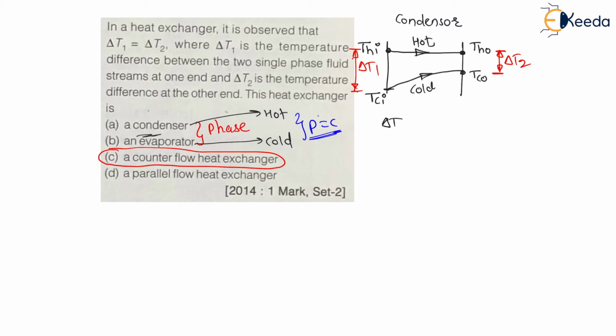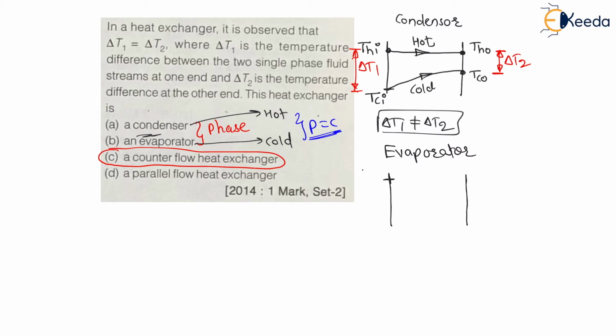Therefore here delta T1 is never equal to delta T2. So if one of the fluids is undergoing phase change, then this temperature difference will never be equal. Now again, let us understand the evaporator. In the case of an evaporator, there is a phase change of the cold fluid.